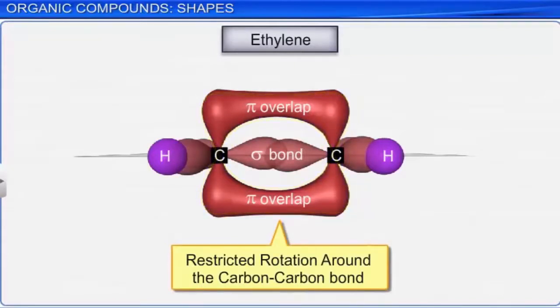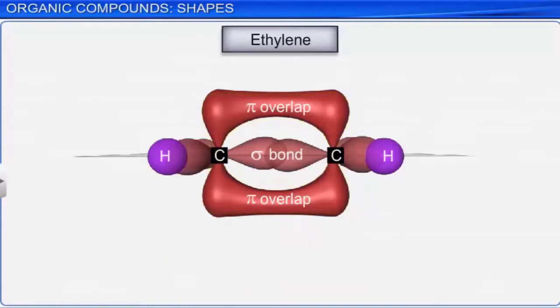In a pi bond, the electron charge cloud is present above and below the plane of the bonding atoms. Hence, these electrons are more exposed and susceptible to attack by electron-seeking reagents. In general, pi bonds provide the most reactive centers in unsaturated molecules.